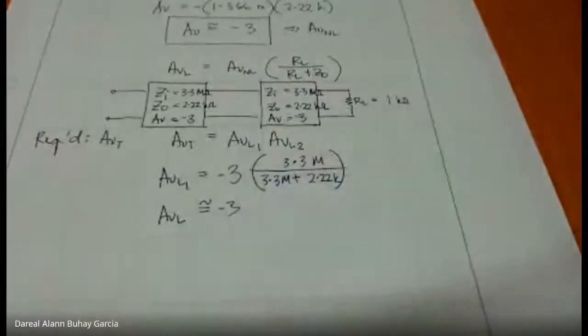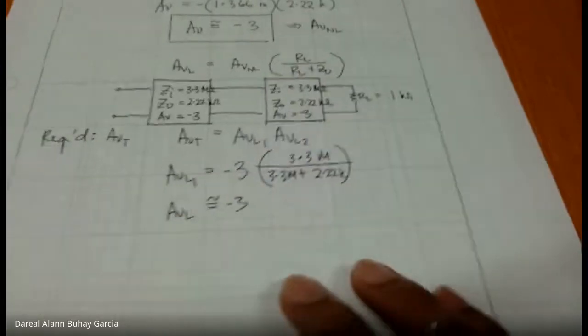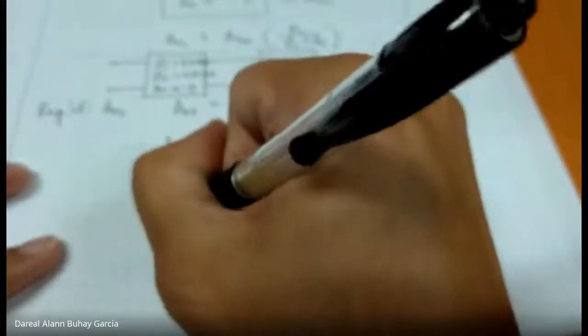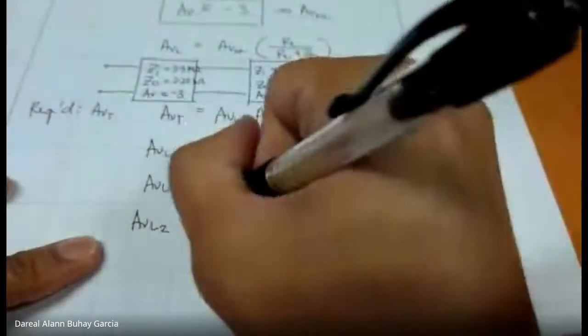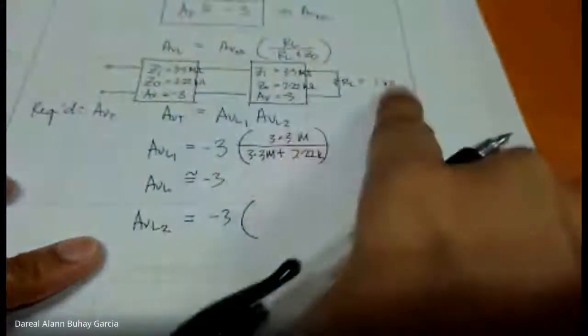Negative 3 ra gyapon, no? So, AV, the loaded voltage gain of the second amplifier, is negative 3 times 1K.